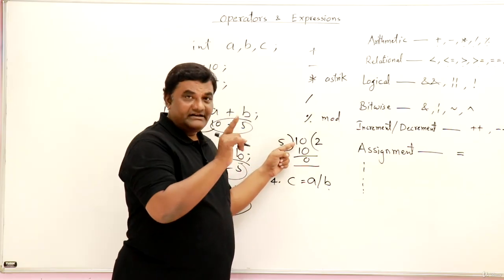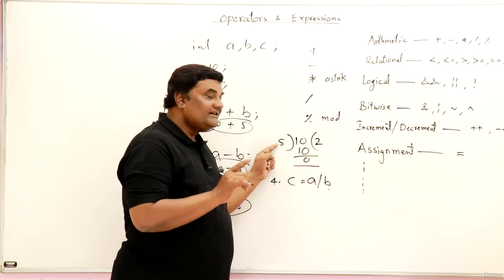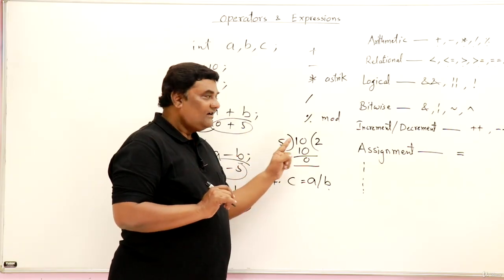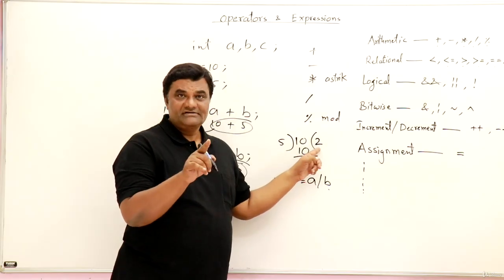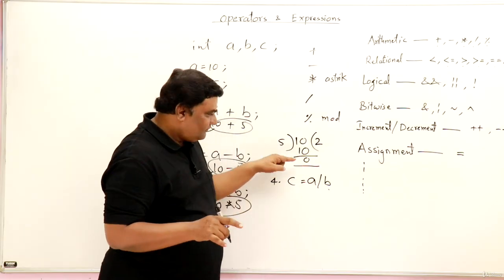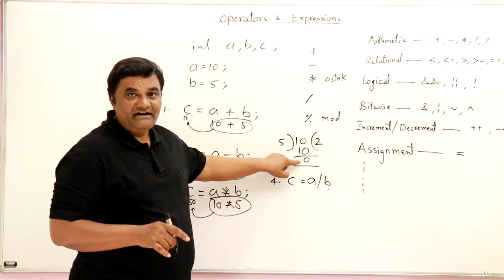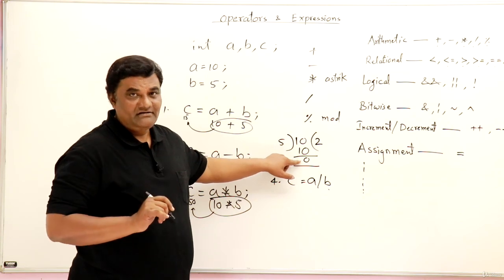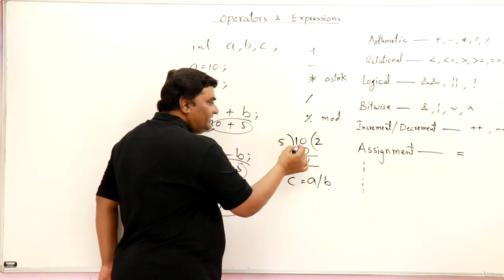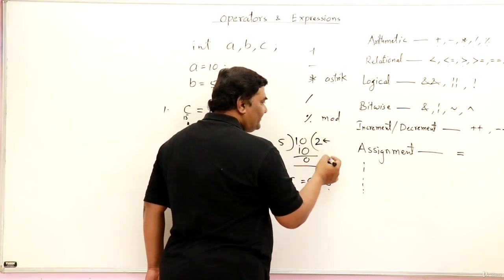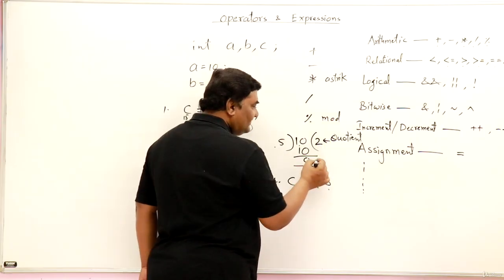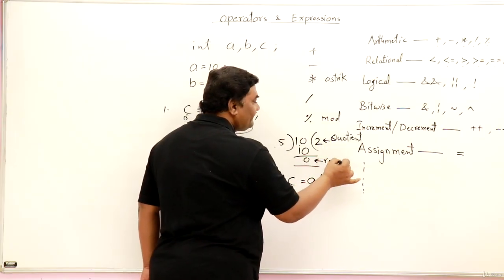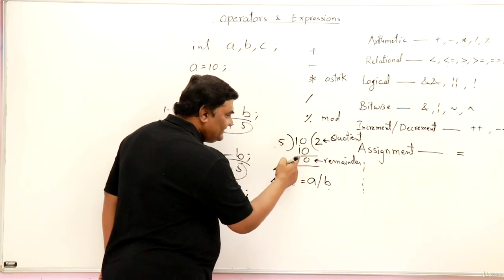This is the dividend. This is the divisor. This is the quotient. And whatever is remaining after dividing is the remainder. Dividend, divisor, quotient and remainder are important for us.